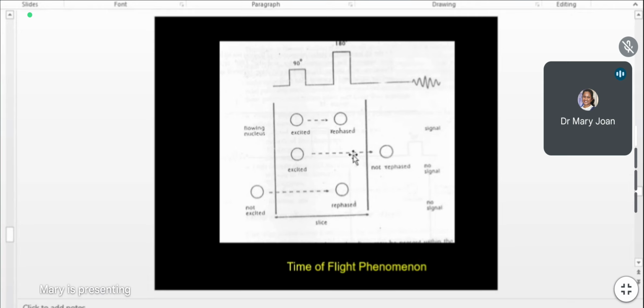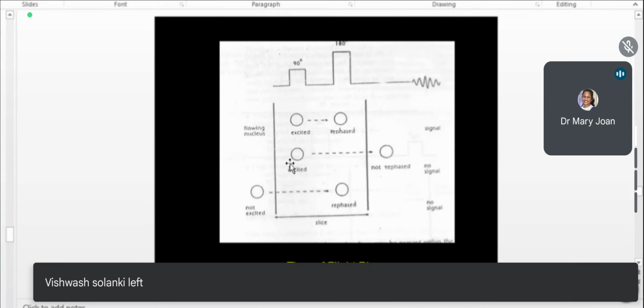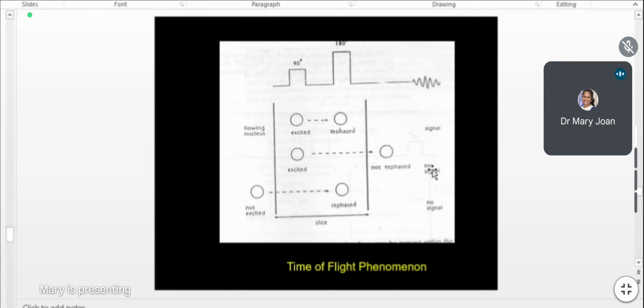Here you can see that if the flowing nuclei is excited, it gets rephased and gives us a signal. And if the flowing nucleus is excited but not rephased with the second pulse, then there will be no signal.